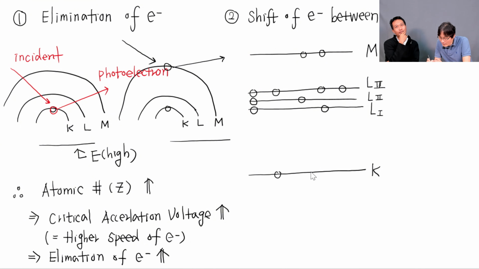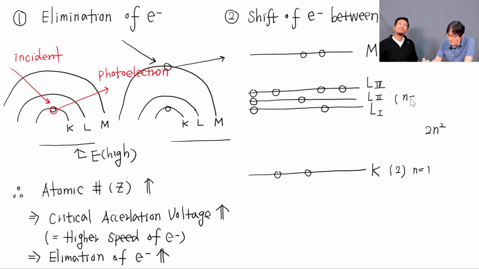I think you cannot draw all the electrons in M, right? It's impossible. How many electrons in the K shell? Surely 2. There must be an equation, 2n squared. So for K, n should be 1, that's 2. How many electrons in the L shell? Should be 8, n is 2.